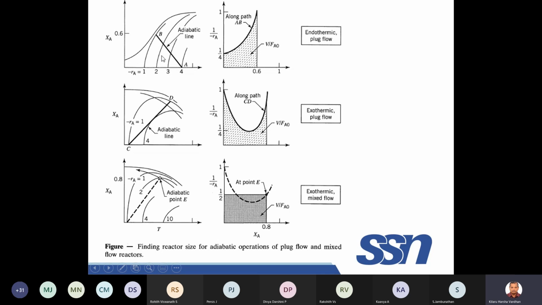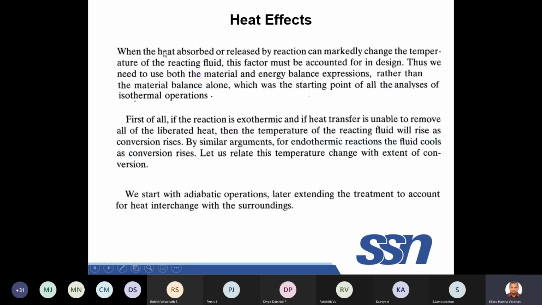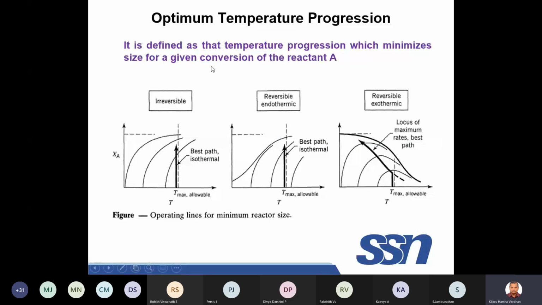If you want to find the temperature or volume or size, generally we earlier discussed the optimum progression. Optimum progression is nothing but the temperature progression which minimizes the size. Minimizes the size in the sense of V by Fa naught. V by Fa naught is tau by Ca naught, equal to some equation for a laminar flow and mixed reactor.